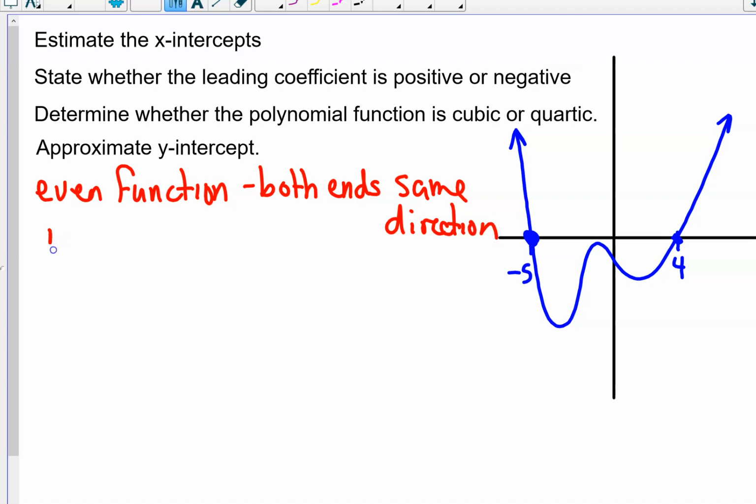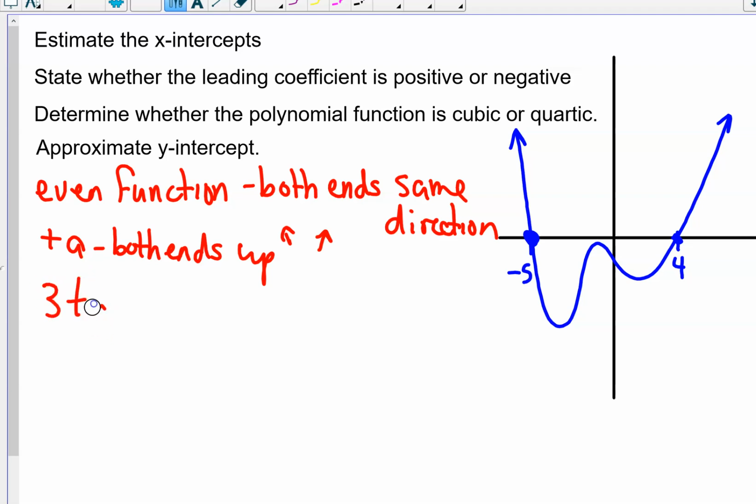I know that the a is positive because both of the ends are up. So they both go like this. And there are 3 turns.